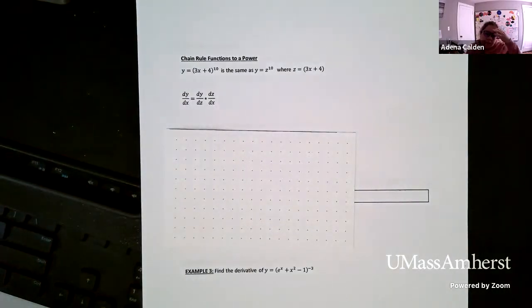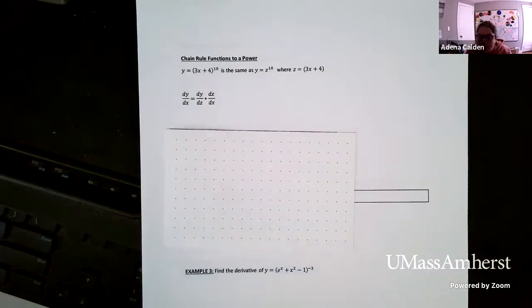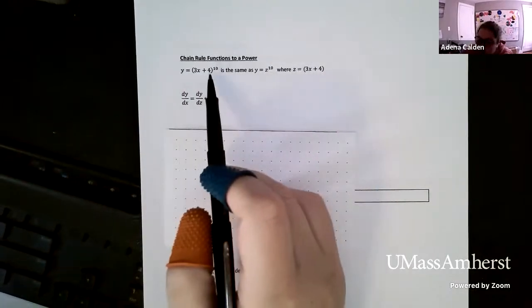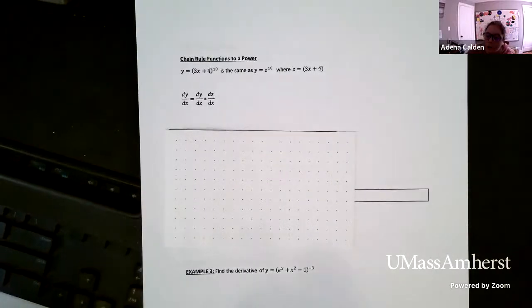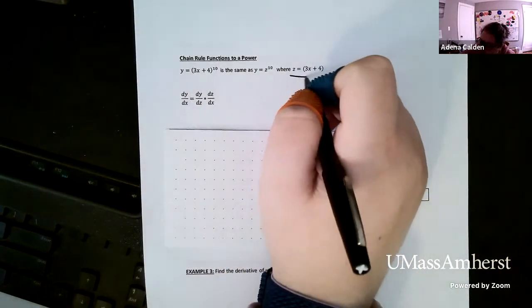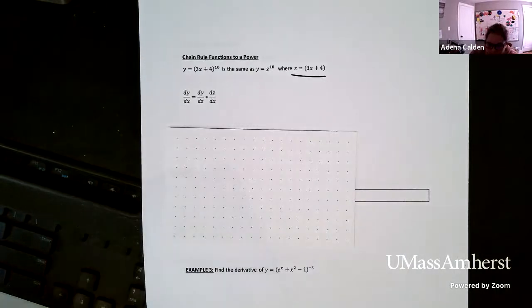When we think about starting the chain rule, we need to break this up into two basic functions, and the way we do this is through a substitution. Whatever is in the base that's being raised to the power, we're going to call that z. So here z equals 3x plus 4.